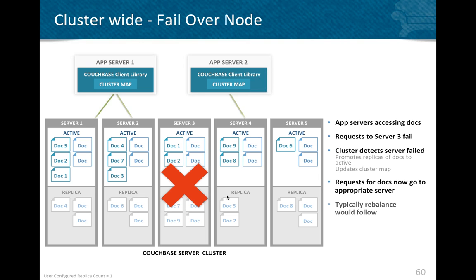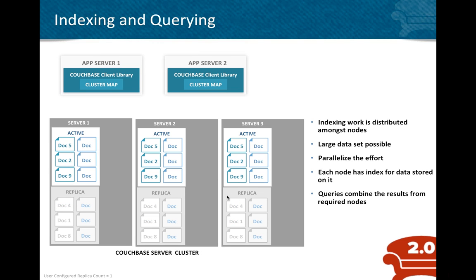Auto failover will detect the server is down and promote the replicas up to those partitions, and now you're back in business. You have access to your data. The application servers, via the clients, know where the replica data lives, and will now access that replica data since it has moved to active.